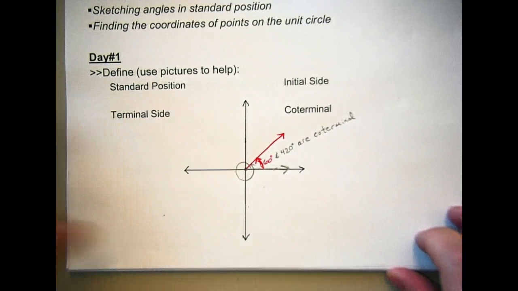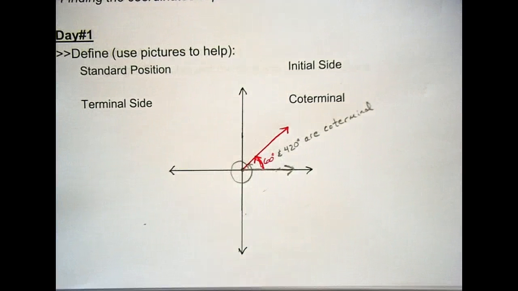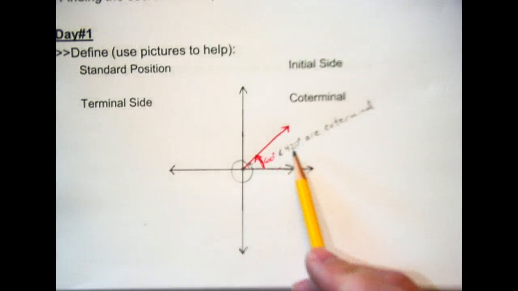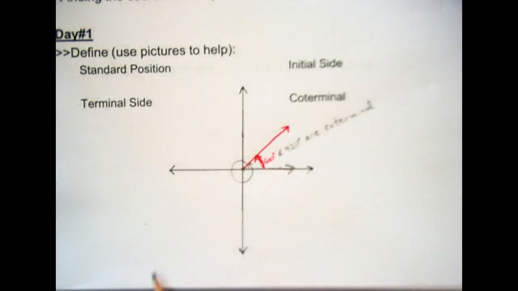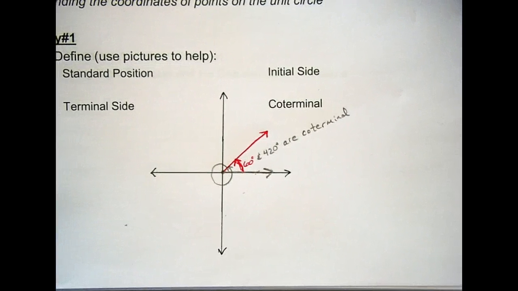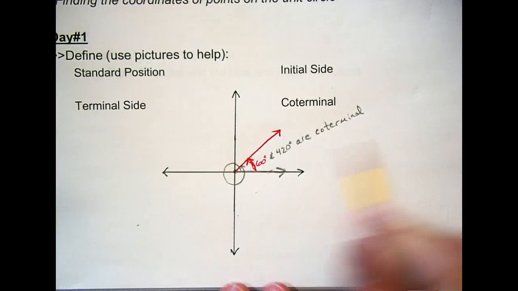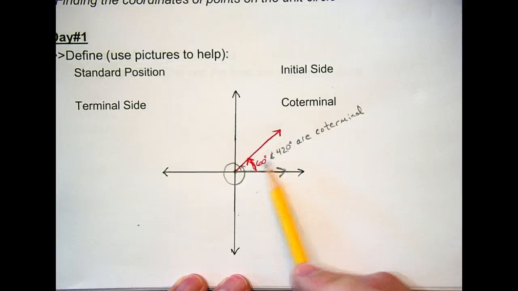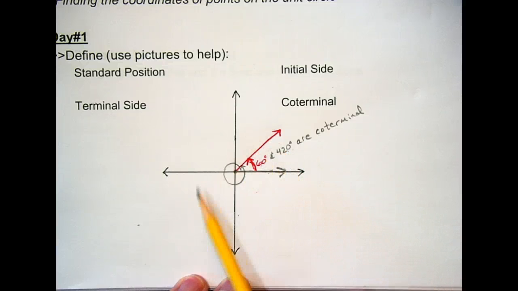How do you think you get the coterminal? That is a positive coterminal. Tell your neighbor how you could get another coterminal angle without using the picture. So if I just gave you 420 or 60 degrees, here's your hint: how do you get from here to here? How could I get my next positive coterminal? Tell your neighbor.